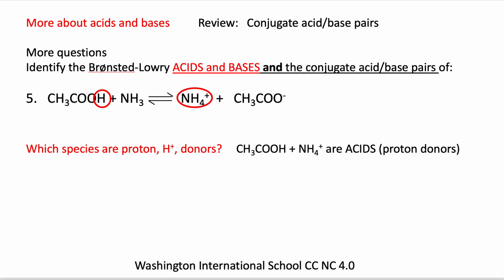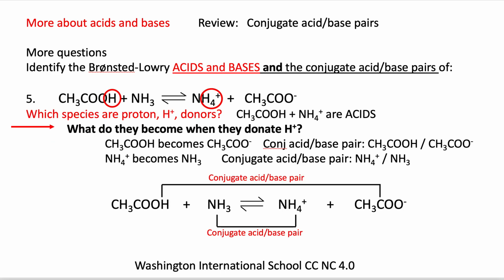And so you've got that ethanoic acid and the ammonium ion are proton donors. So that would be the Brønsted-Lowry acid. And what do they become when they donate the H+? The ethanoic acid becomes ethanoate, and the ammonium ion becomes ammonia.